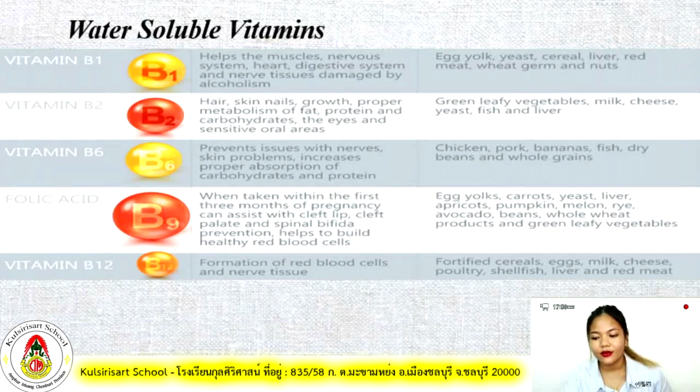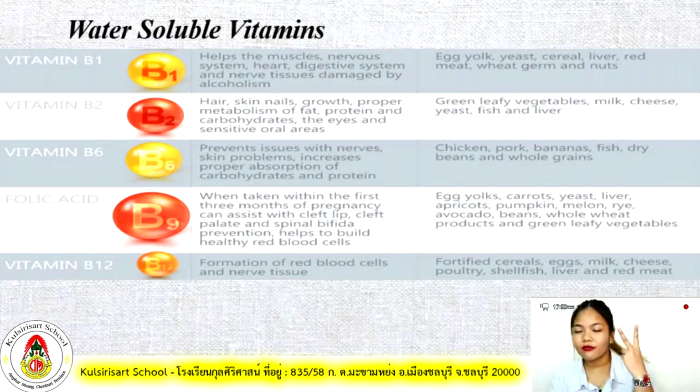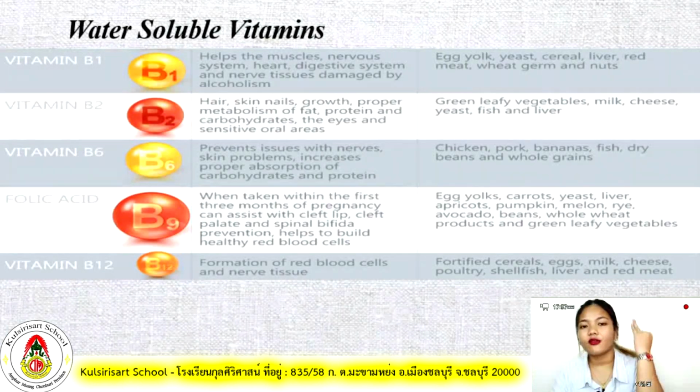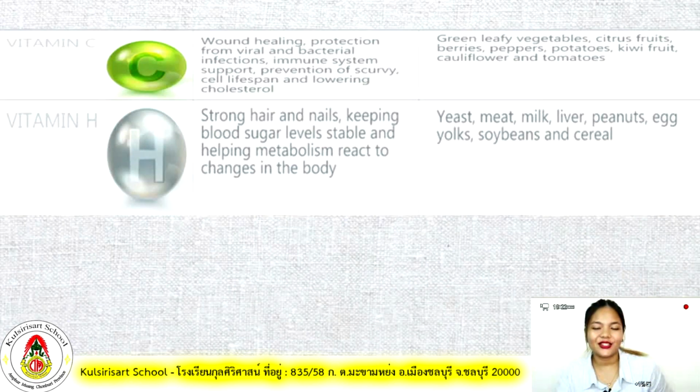Okay, so let's have a recap. We have the two classifications of vitamins, which are fat-soluble vitamins and water-soluble vitamins. Fat-soluble vitamins include ADEK: vitamin A, D, E, and K. Whereas water-soluble vitamins include vitamin B1, B2, B6, B9, B12, vitamin C, and vitamin H. Okay, very good.